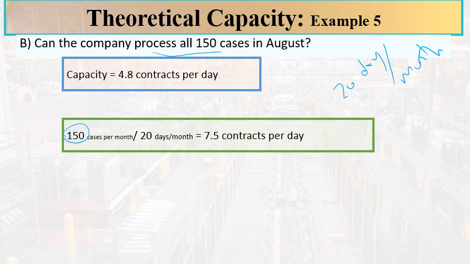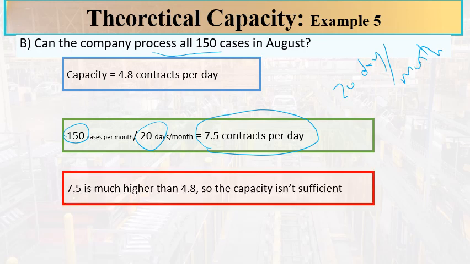So we take the 150 divided by the 20 days per month, and we get 7.5 contracts needed to be done per day. So 7.5 obviously is much higher than our effective capacity. This is our effective capacity, which we've got in the previous slide. So it's much higher, so the capacity isn't sufficient. So we can't process 150 cases. We cannot process all these cases.